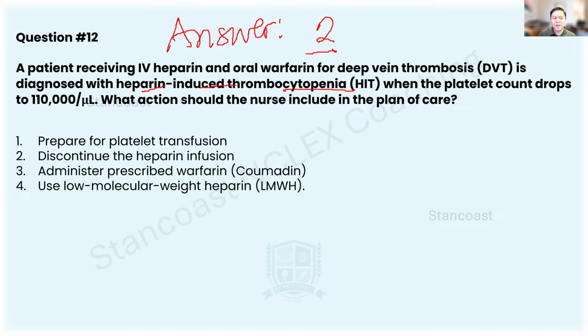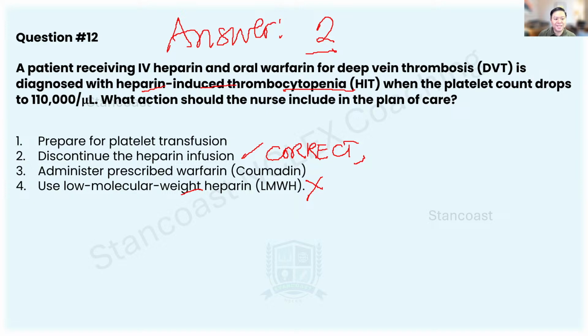So when we have a patient with a diagnosis of HIT, make sure you do this one all the time. There's no replacement. We're not even going to attempt the low molecular weight heparin, no, not even.